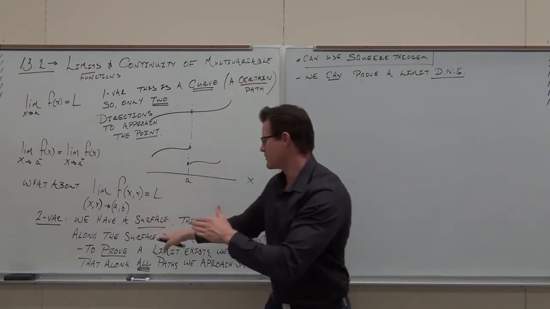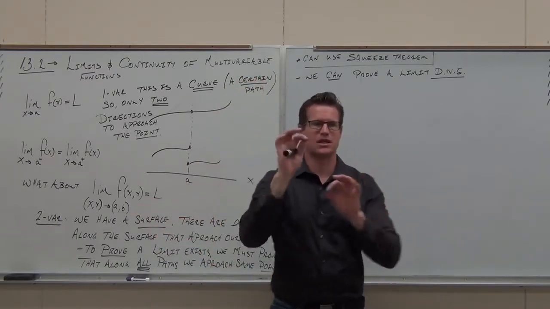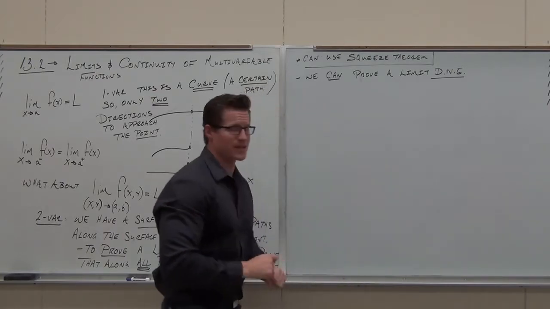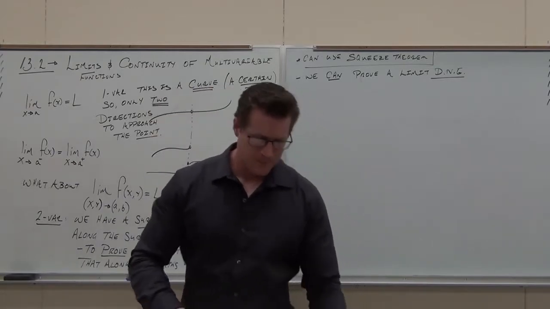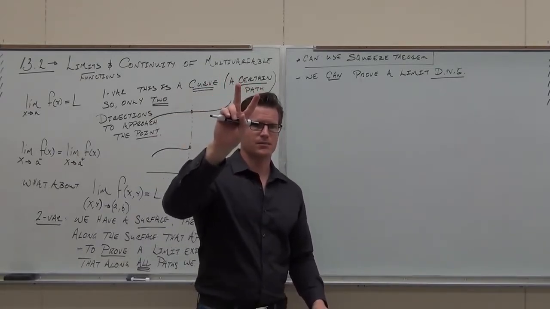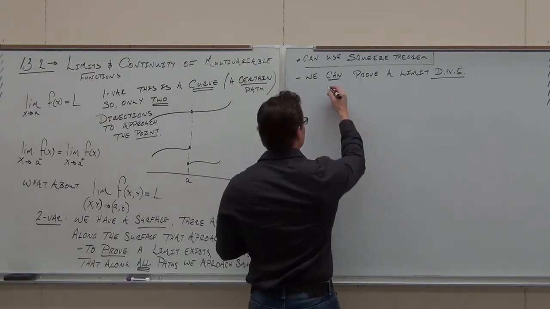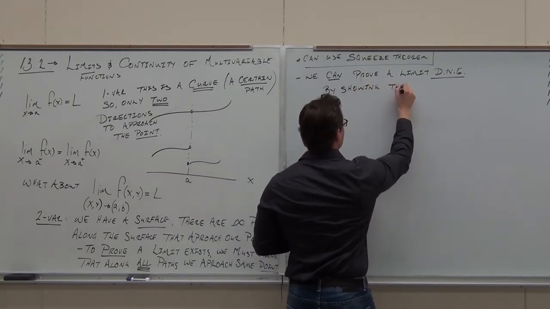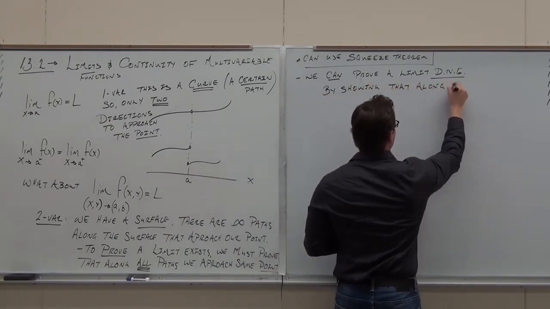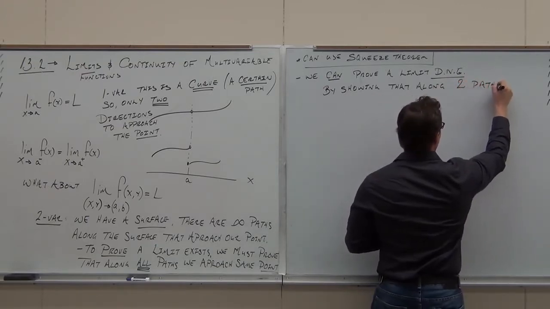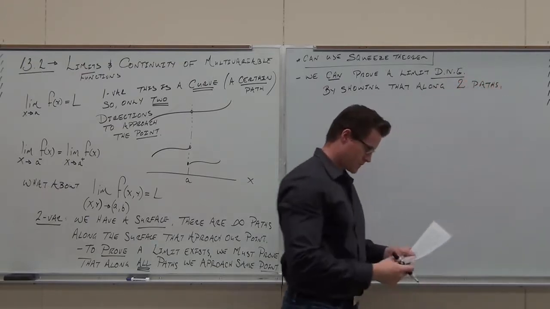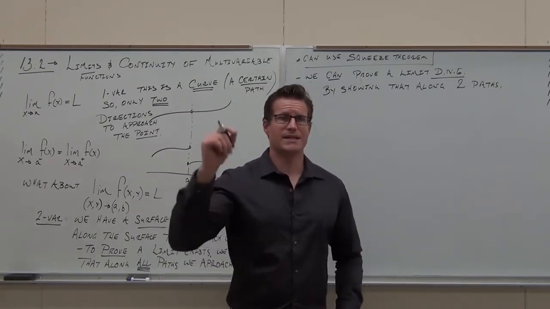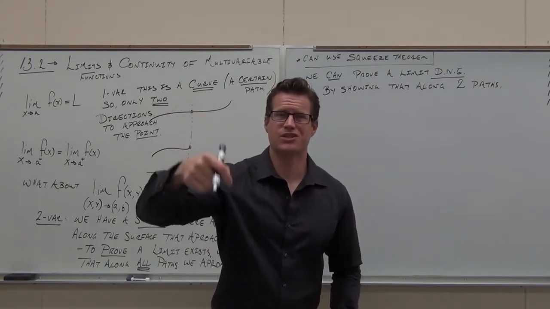Because for the limit to exist, we have to show that every single path goes to the same value. If we prove that two don't, we've proven that wrong. So we can easily prove a limit does not exist by showing that along two paths, we get a different value as we approach the same point.